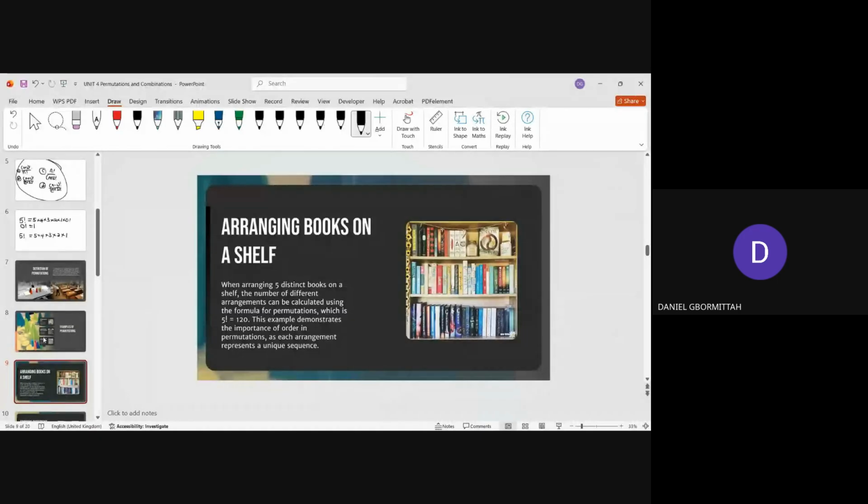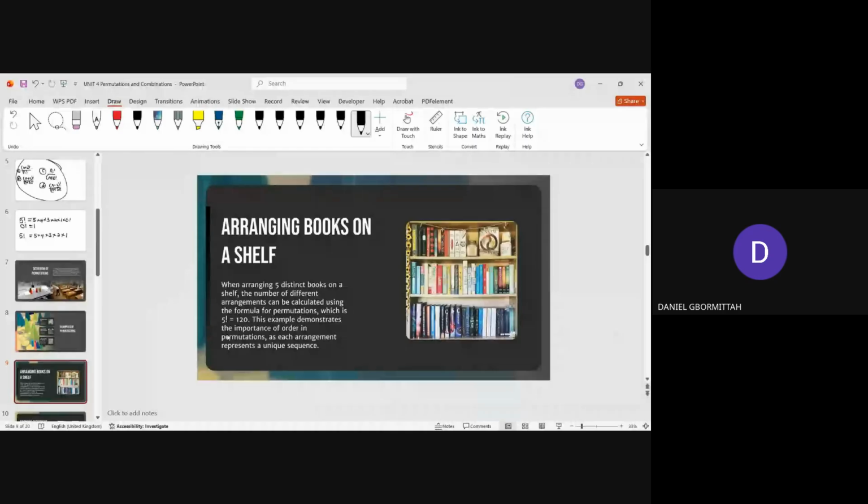The next person, after the first person has sat, can sit 4 ways. The next person can also sit 3 ways. The second but last person can sit 2 ways. The last person has only one option. That's why it's times 1, because it has only 1.